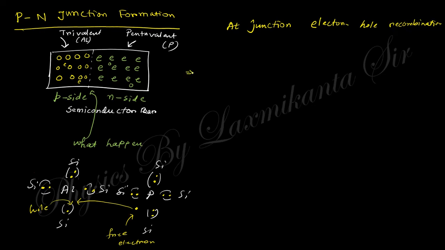So the next image will be like that. At the junction, these electrons come here and fill the hole. As a result, the charge of this aluminum becomes negative because it accepts the electron.